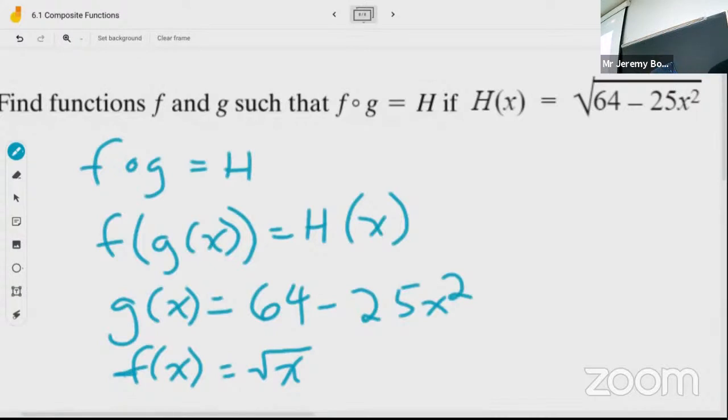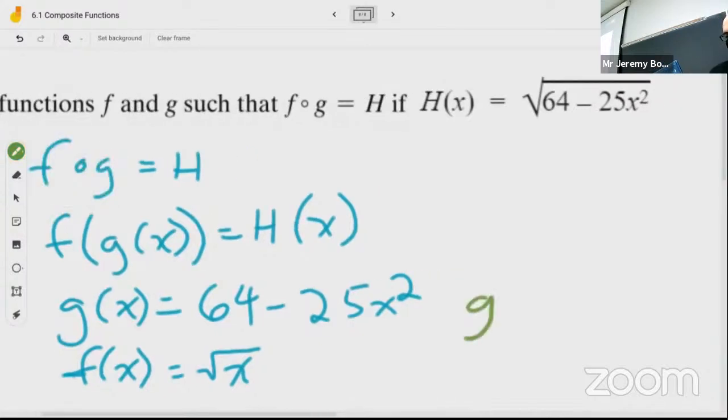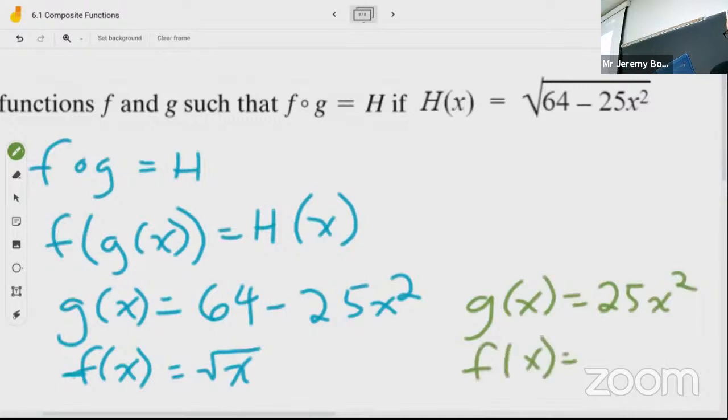Now, there are more answers that you could have for this, just to give you some other options. You could say, well, I'll make g of x equal to 25x squared. And then in that case, f of x would be the square root of 64 minus x. So there's a ton of different ways you can do it.